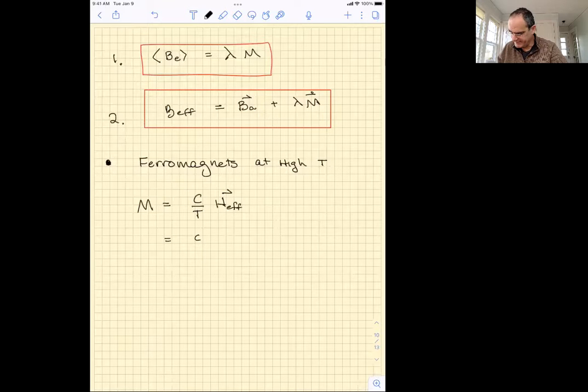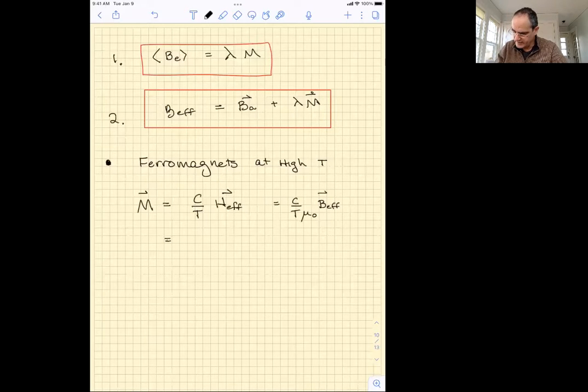But this effective field can be written in terms of the effective magnetic field like this.